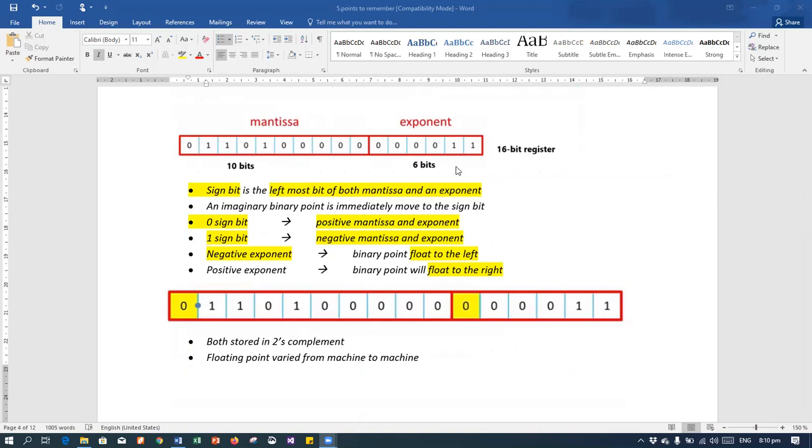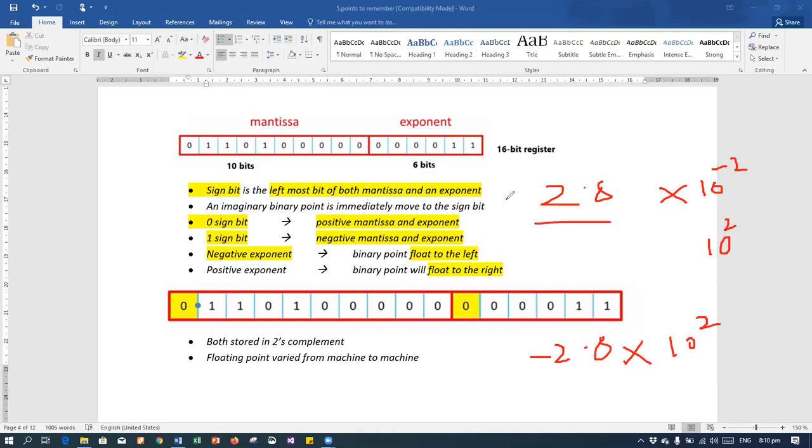Like the number 2.8 with exponent minus 2, or it could be plus 2, or minus 2.8 with exponent 2. So we have both situations.